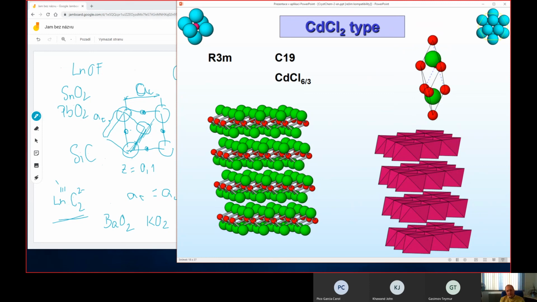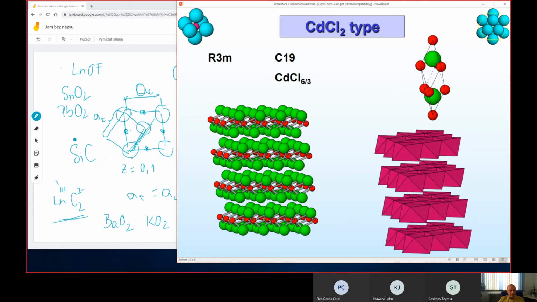And if we start from hexagonal close packing, we obtain the cadmium iodide structure type, which is very similar to this one, but the layers are in the order AB, AB, while here we have ABC, ABC, and so on.